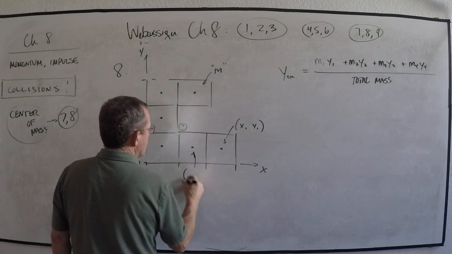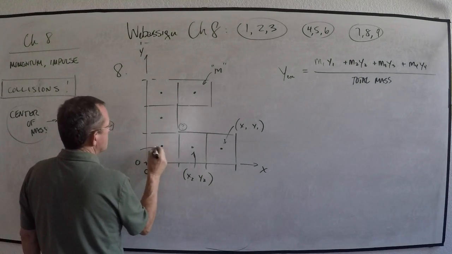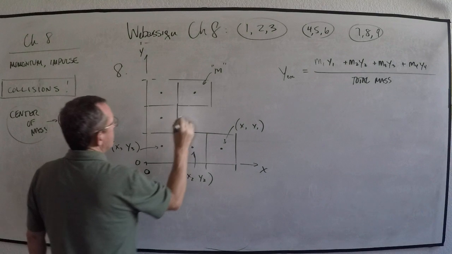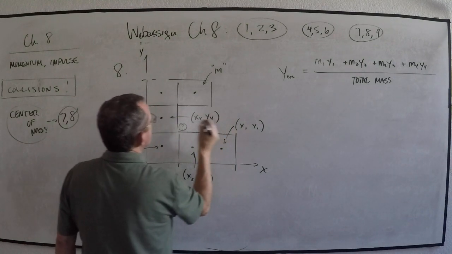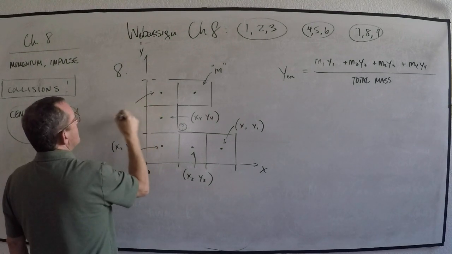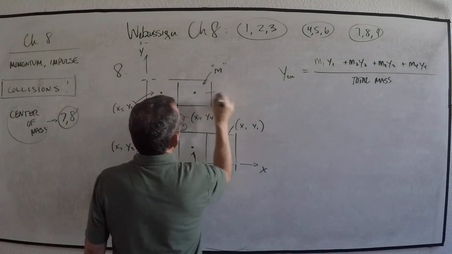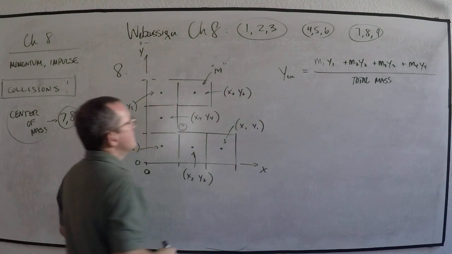This square is going to be x2, y2. This one, of course, keep going, x3, y3. This one will make x4, y4. It doesn't matter what order you put them in. This one, x5, y5. And this guy, we'll call it x6, y6.